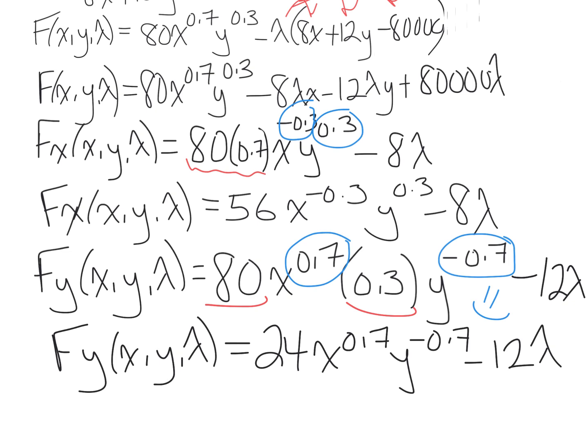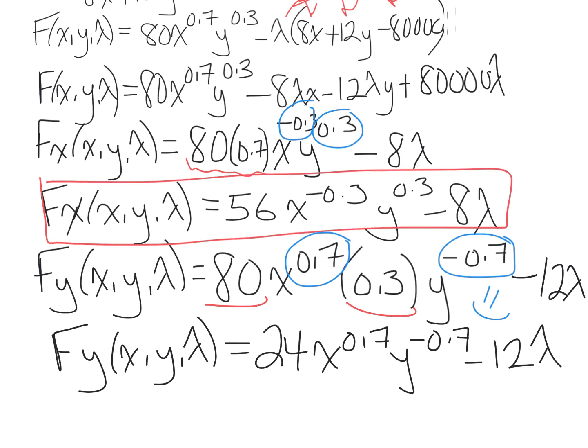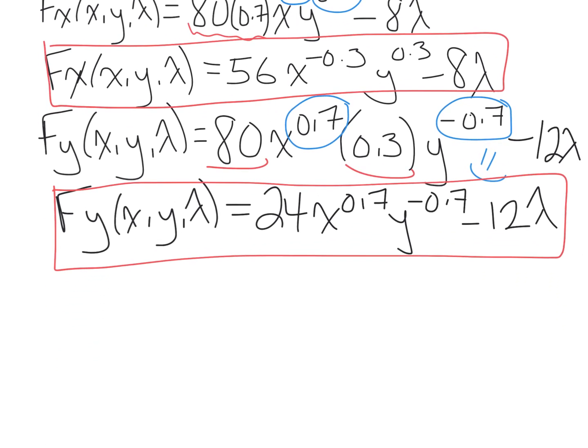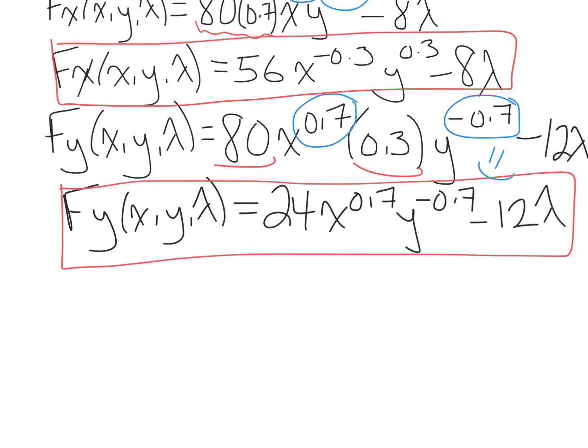So I'm looking at two partial derivatives. This one here and this one here. And how I'm going to find values of x and y, I'm going to set this equal to 0.